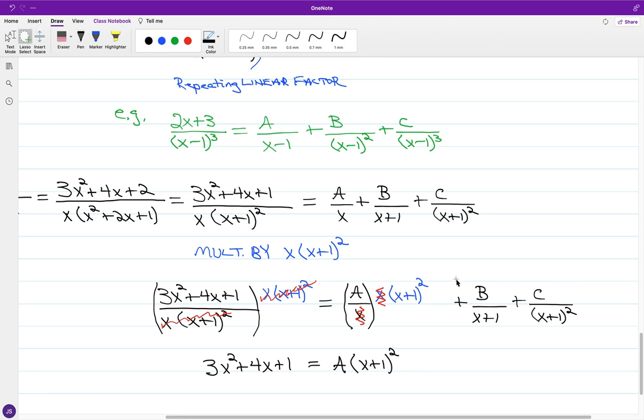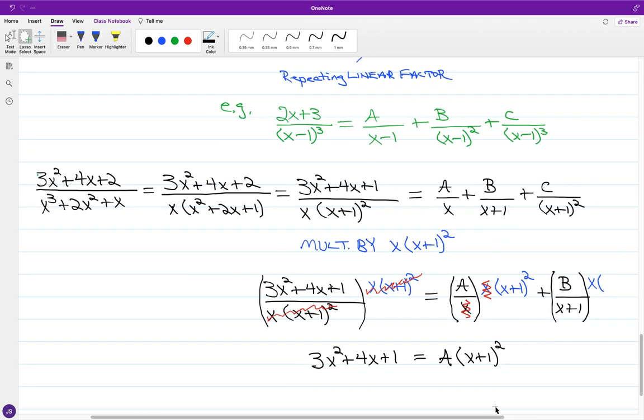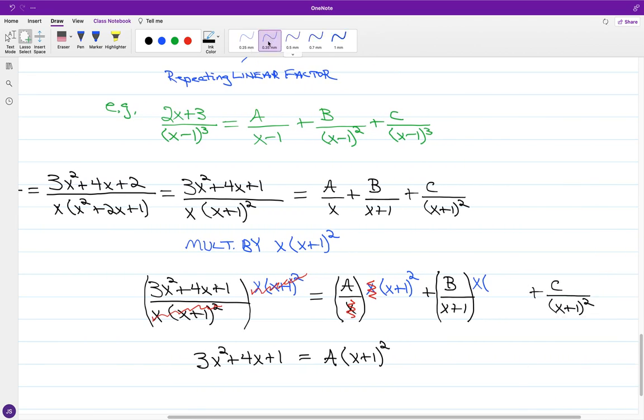Now for B over x plus 1, this is perhaps the trickiest one among the trio. Again multiplying by both x and the square of x plus 1, we notice x plus 1 is first degree, and we're multiplying by x plus 1 of second order.